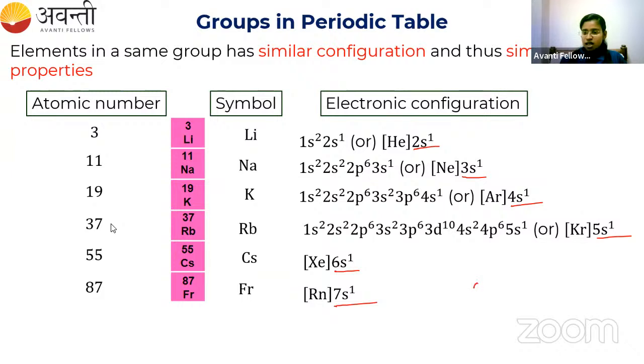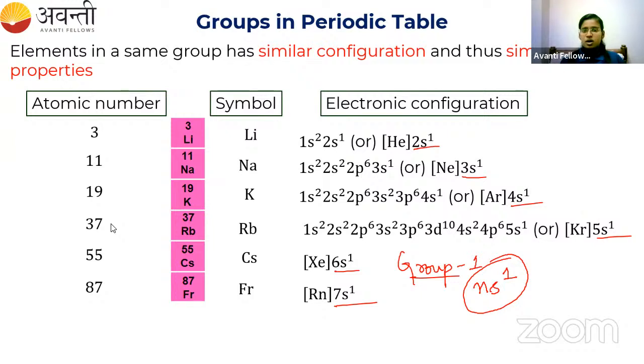So generally, I can call this ns1. The group 1 elements have the outer electronic configuration ns1. Since the outer electronic configuration is similar for all these elements in a group, they behave in a similar manner. Their physical property and chemical property will be the same.